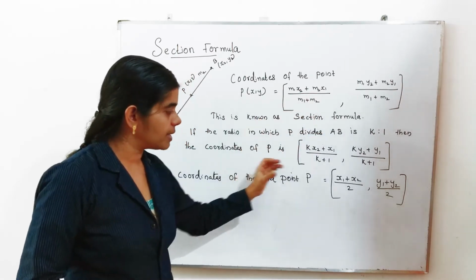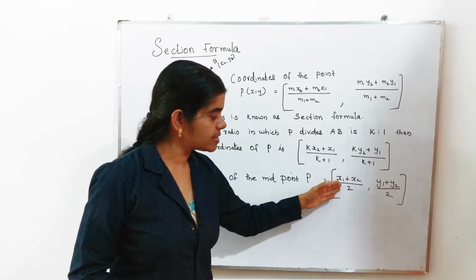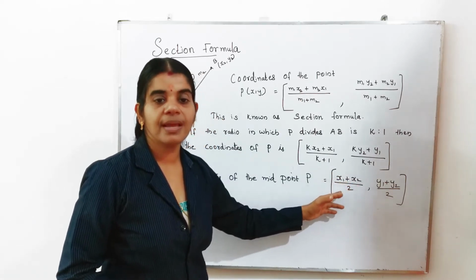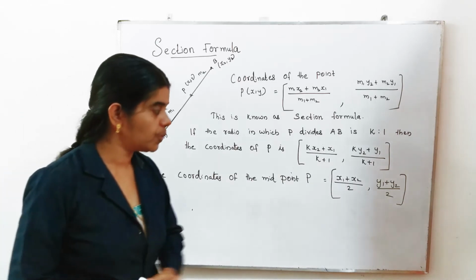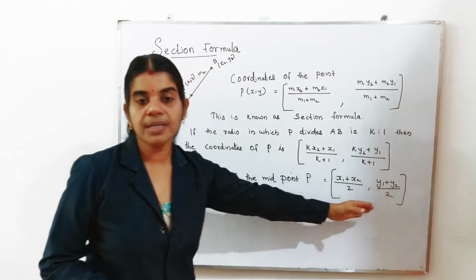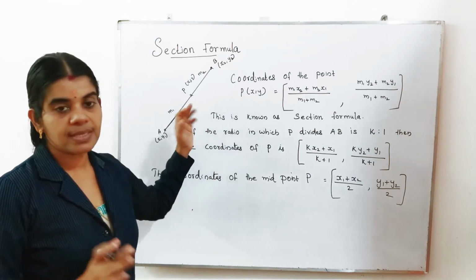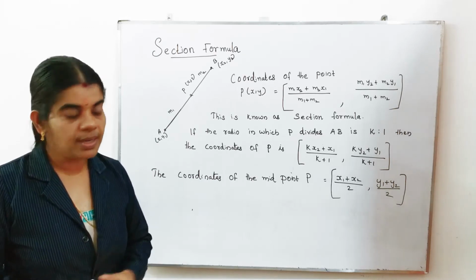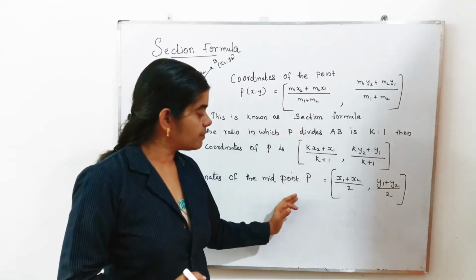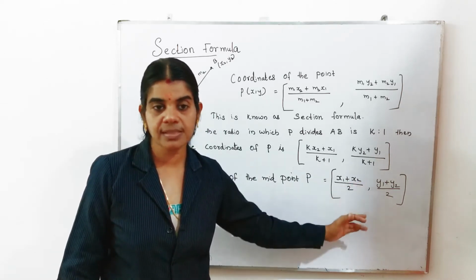Then our formula becomes (x1 plus x2) by 2 and (y1 plus y2) by 2. Here we started with x2, but for easy reading we write x1 first. Because it is a midpoint, AP is equal to BP, so the ratio we can take as 1. So if P is the midpoint, there is no need to take m1, m2 values; we can directly substitute in this.